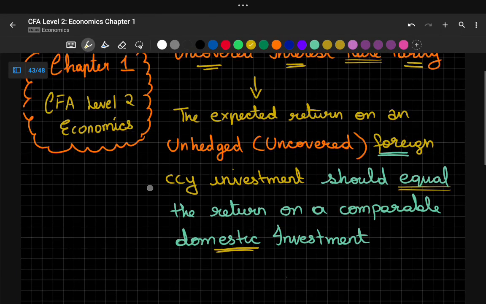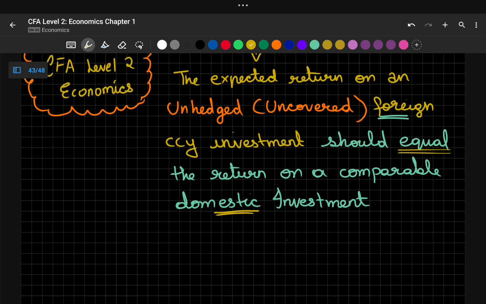In the case of uncovered interest rate parity, we haven't hedged our foreign currency investment, that is, we haven't already decided the rate at which we would be converting the foreign currency investment back to our domestic currency, but it is just an expectation that the return from a foreign currency investment should be equal to the return on a comparable domestic investment.